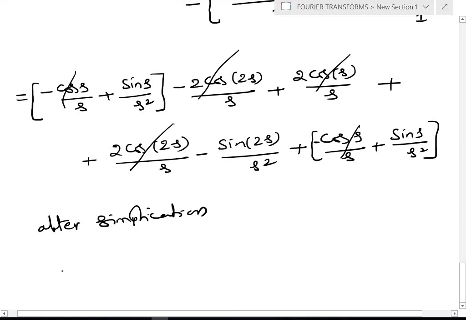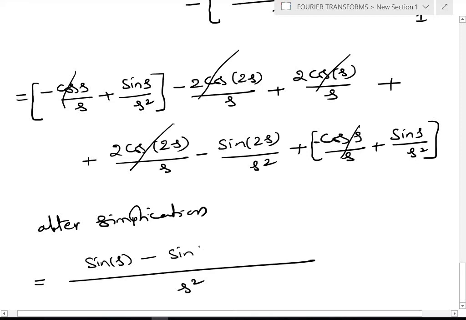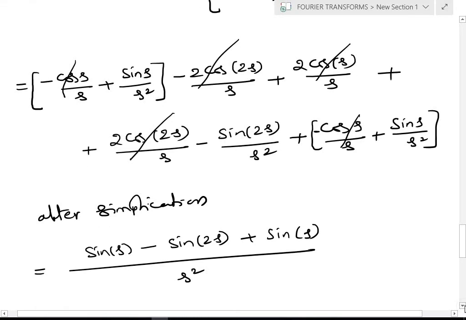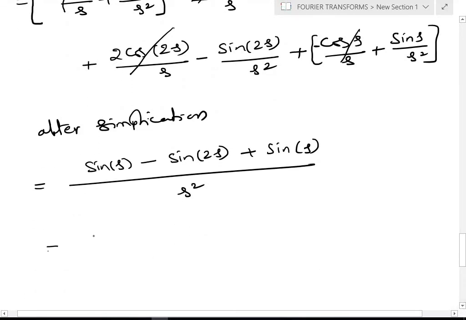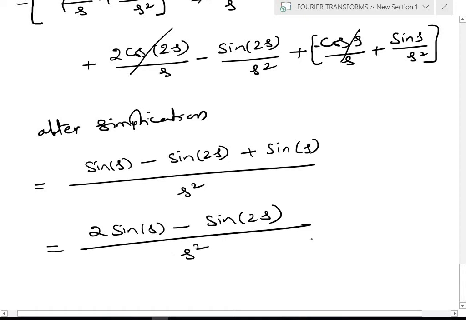So overall, s square is coming in the denominator, with sin s minus sin of 2s plus sin s. So we can write it as 2 times sin s minus sin of 2s, divided by s square.